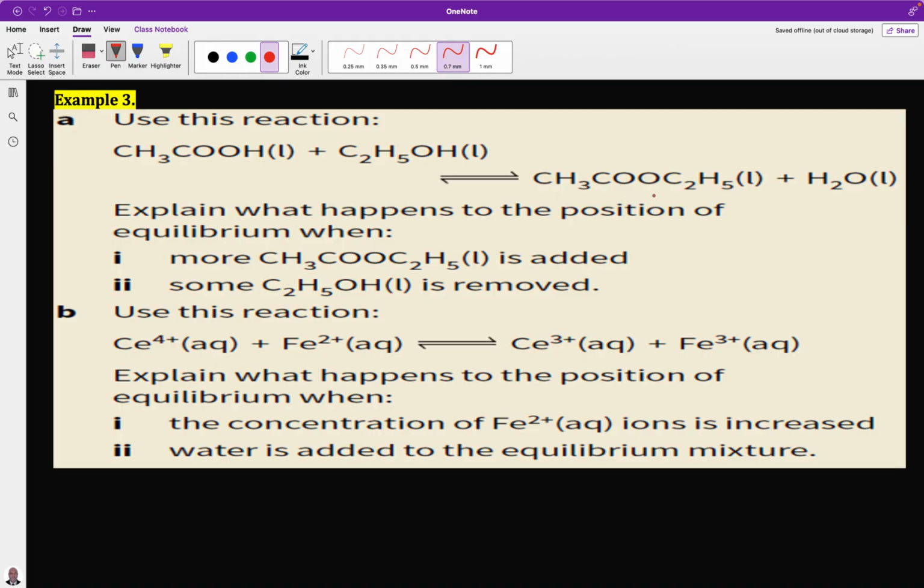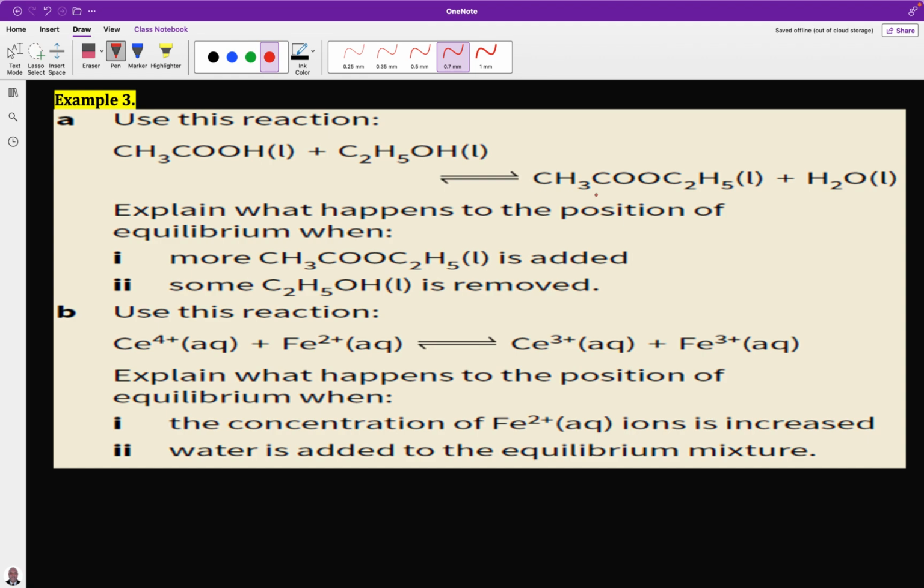What happens? The equilibrium will shift from right to left, to favor the production of more of the acid and the ethanol, thus establishing a new equilibrium.